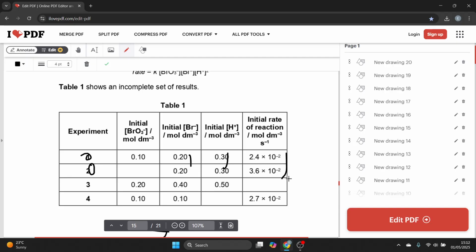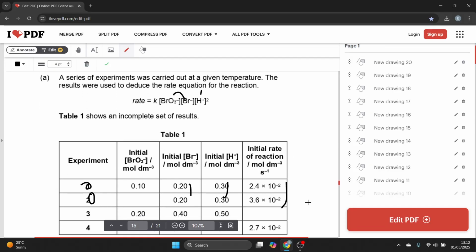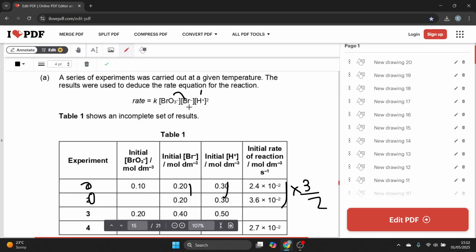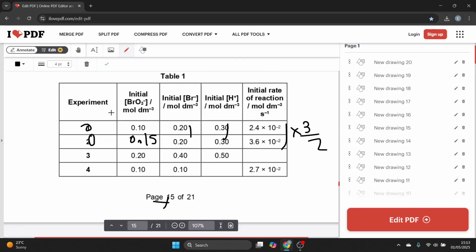Do 3.6 times 10 to the power minus 2 divided by 2.4 times 10 to the power minus 2. That would give you 3 over 2. And I know BrO3 minus is first order, so it's just going to be 0.10 times 3 over 2, which is 0.15. Then experiments 2 and 3.